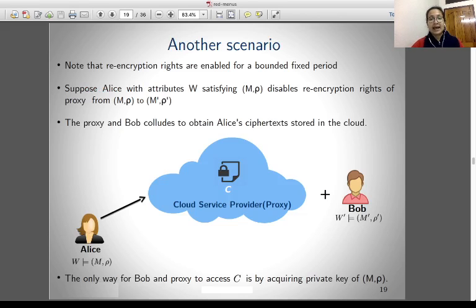So suppose Alice with an attribute set W which satisfies M row disables the re-encryption right of the proxy from M row to M row dash, which is satisfied by Bob. So in such a case, the only way for a malicious proxy and Bob to obtain the ciphertext of Alice stored in the cloud is by acquiring again the private keys of the access structure M row, which is satisfied by Alice.